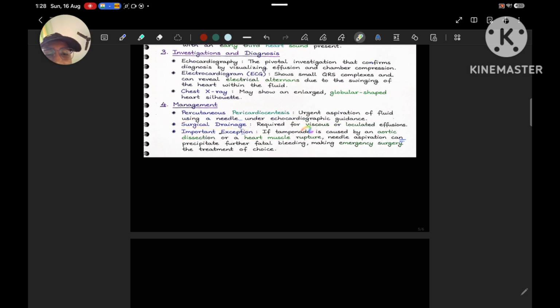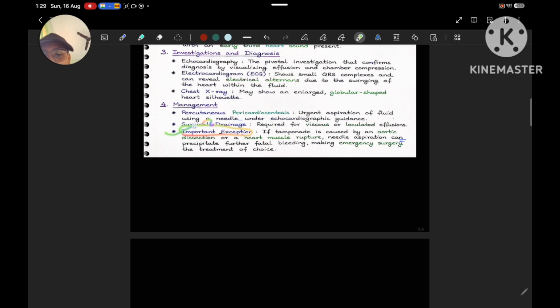Surgical drainage is needed for a loculated effusion, meaning a local effusion in a small area. When the pericardial effusion happens in a small locule or area, we call this a loculated effusion, and during this you need surgical drainage.